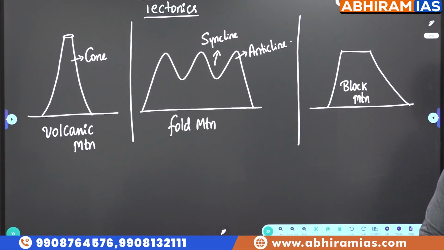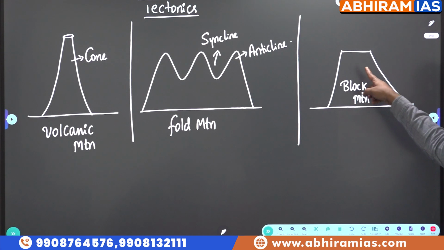Block mountain. Steep slopes will be block mountain, anticline syncline will be fold mountain, and cone shape is volcanic mountain.